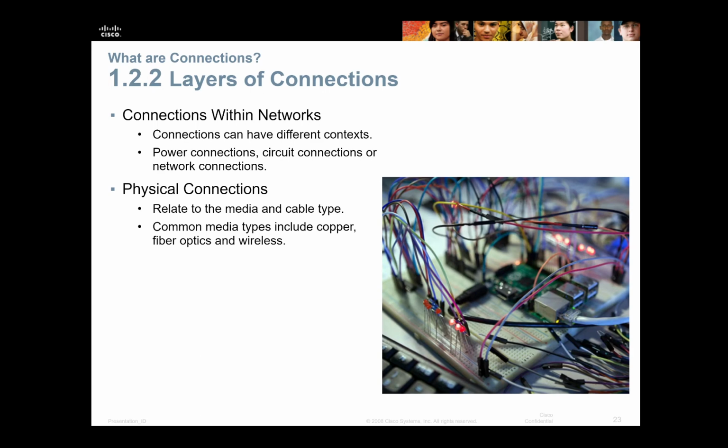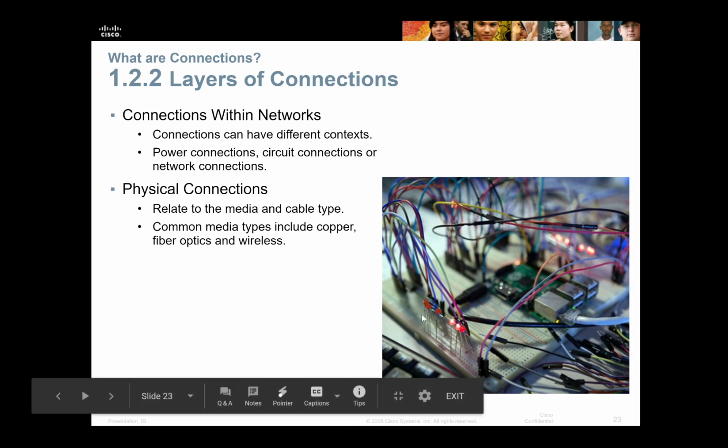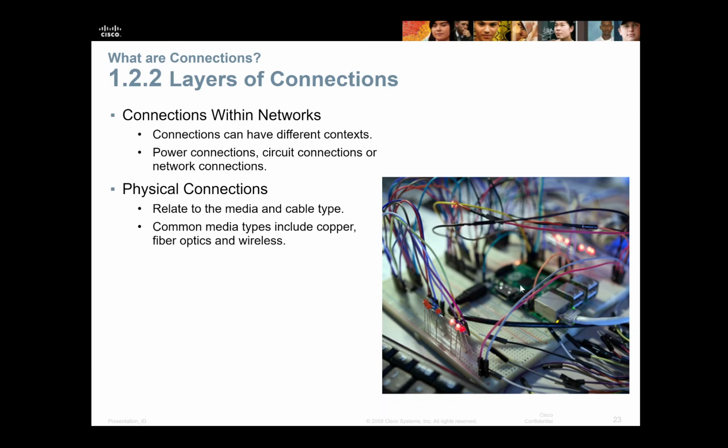Layers. Still layers connecting within networks, and then we have these physical connections, and then we have wire meshes like that. It only has 6 LEDs here, lots of wires. That looks like an Arduino Uno here.